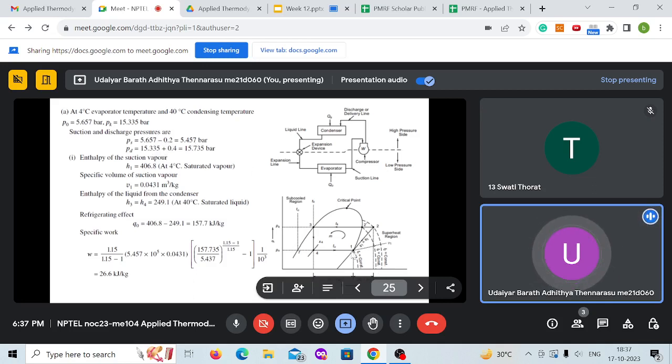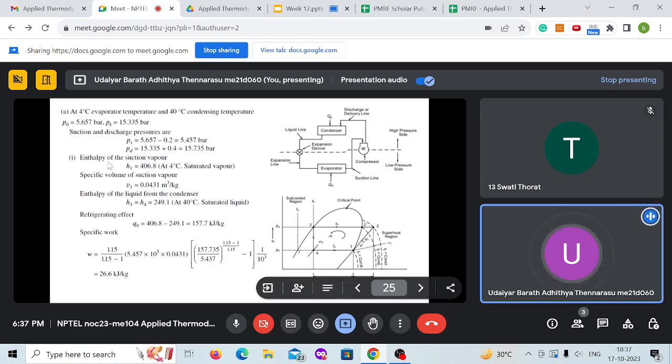That is the suction pressure at the compressor. After the compressor there is a pressure loss of 0.4, so the compressor should compress it more. 15.335 plus 0.4 comes out to be 15.735 bar. So these are the suction and discharge pressures of the compressor.